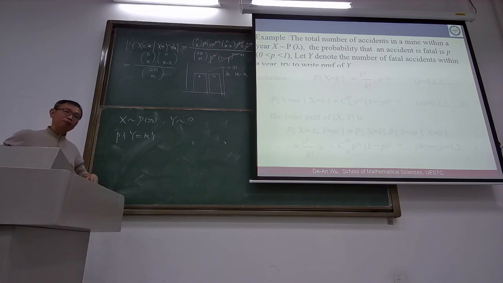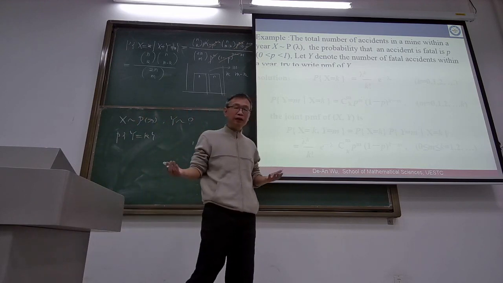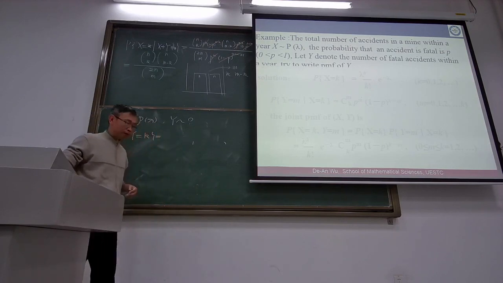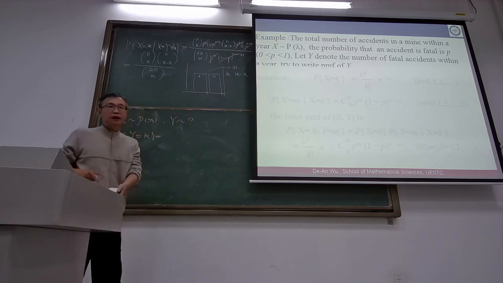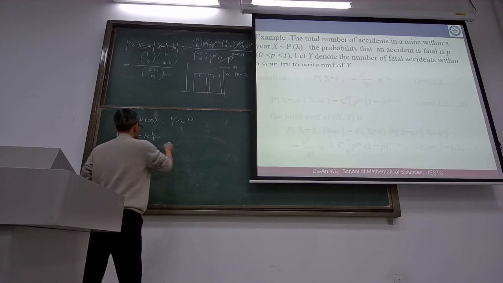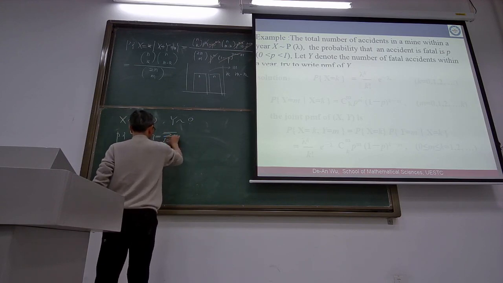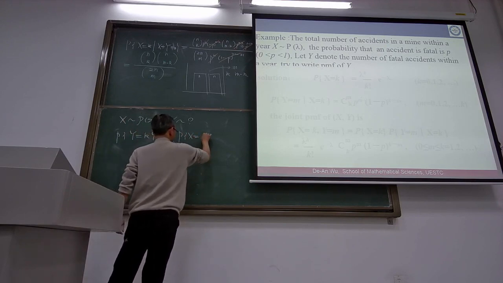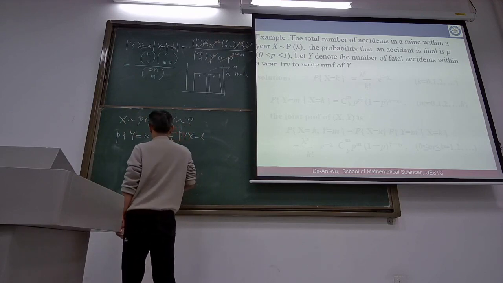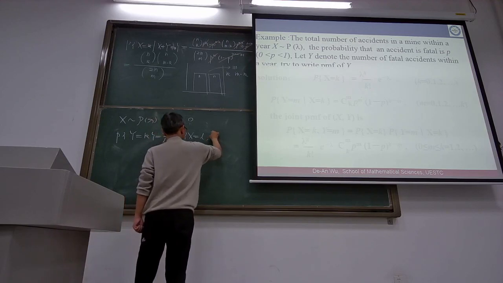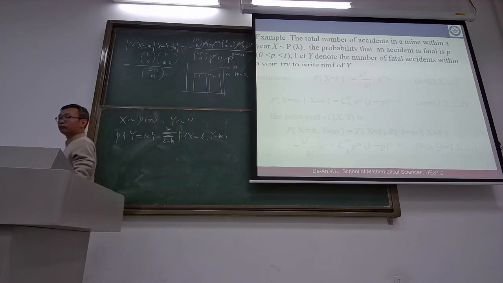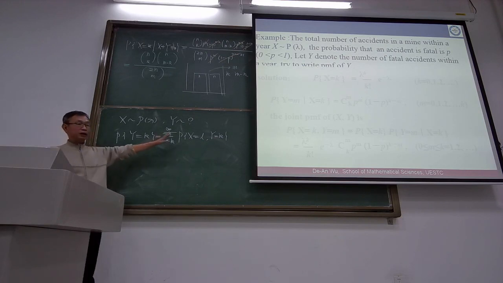We combine the two events and the relation of X and Y. X denotes the total number of accidents. Just take the marginal.